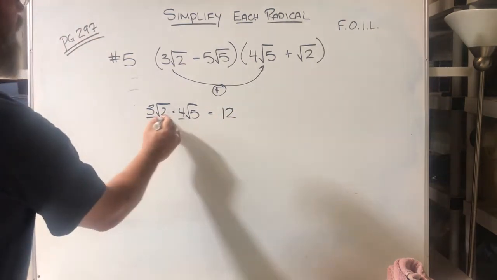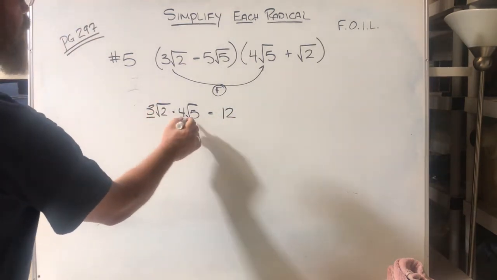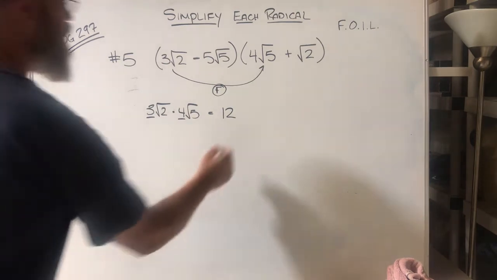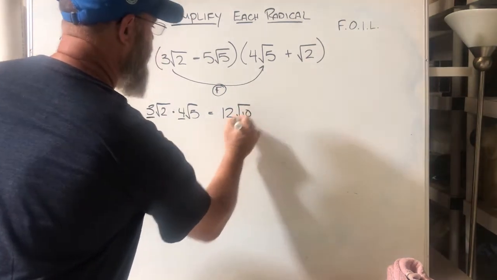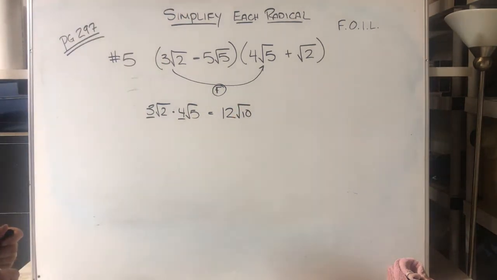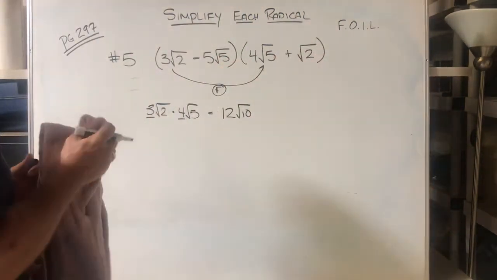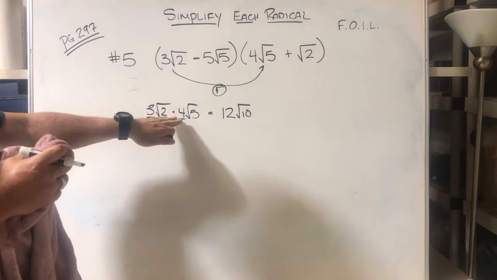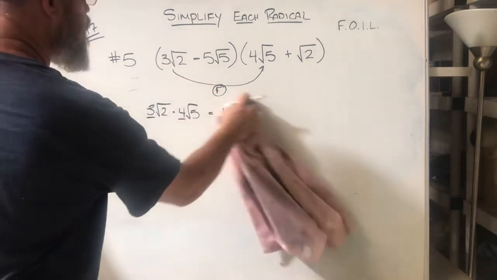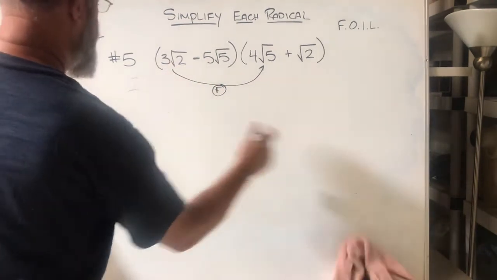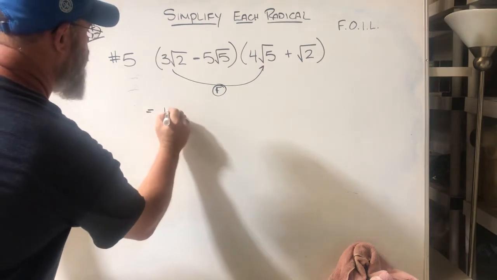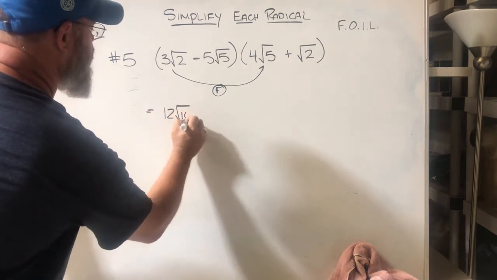And then we multiply the radicals. So square root of 2 times the square root of 5 is the square root of 10. So that's how we multiply radicals together. So the first terms give us 12 times the square root of 10.